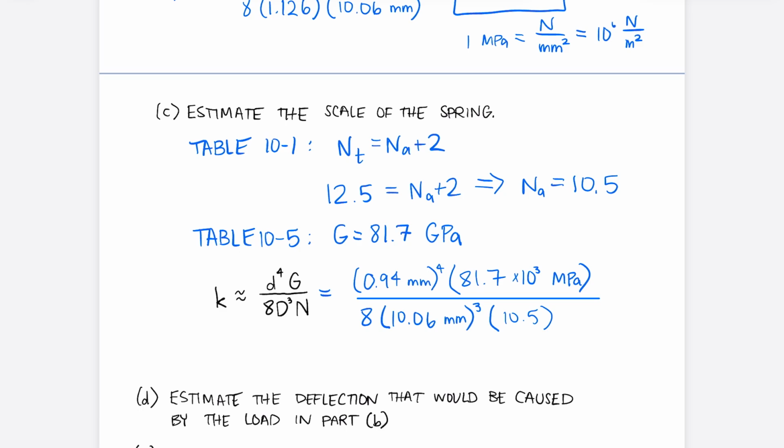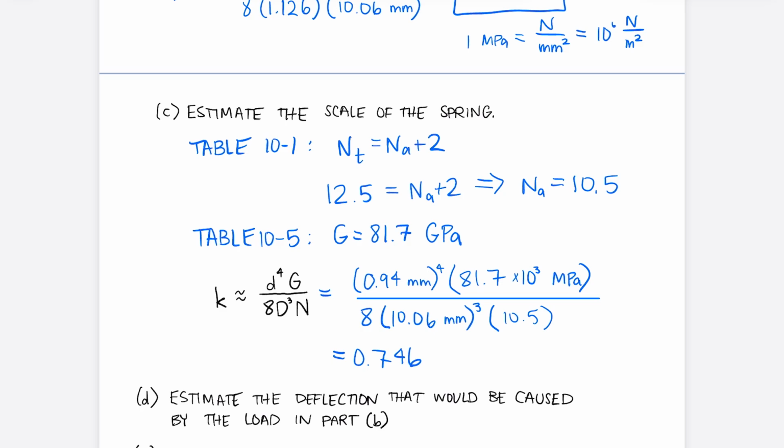Okay, so let's plug all of that into our calculator. 0.94 to the fourth power times 81.7 times 1,000 divided by 8 divided by 10.06 to the third power and divided by 10.5. I get 0.746. Now, what units does this have?